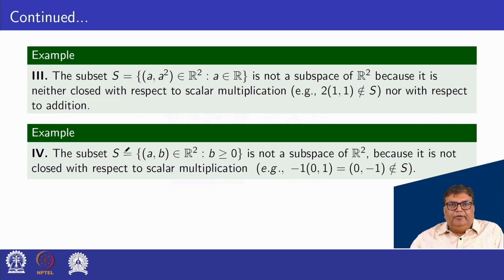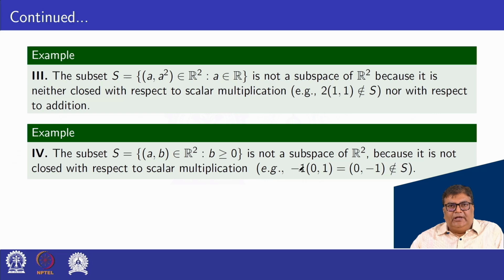Similarly, if S equal to the ordered pairs (a, b), where a and b are elements of R, that is, the ordered pair (a, b) belonging to R squared with b greater than or equal to 0, then S is not a subspace of R squared because it is not closed with respect to scalar multiplication.